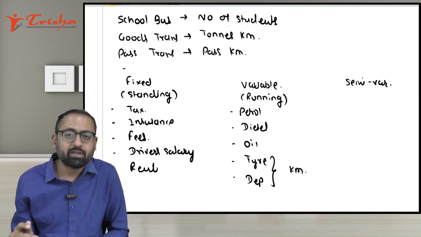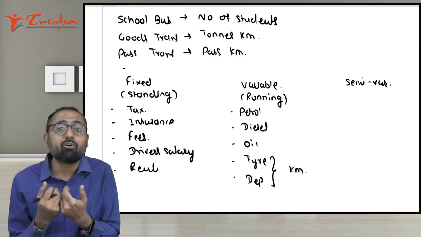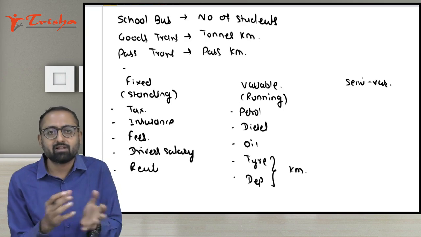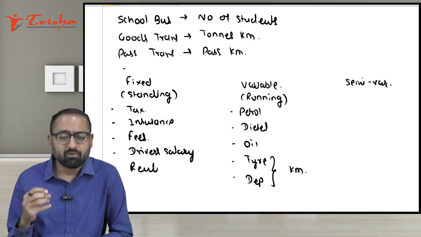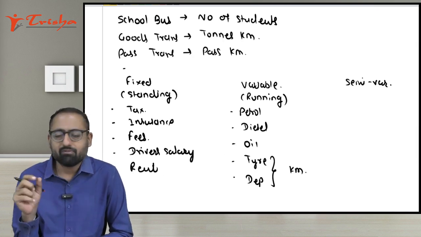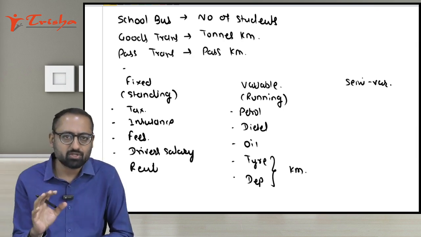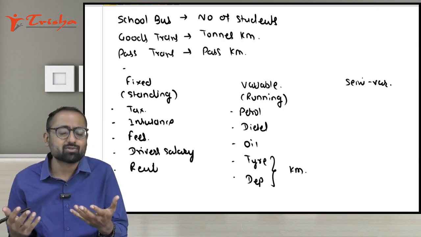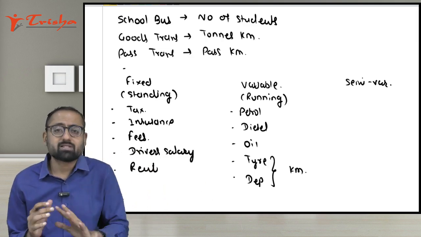Suppose the life of the vehicle is given not in years, but in number of kilometers that the vehicle can travel. And tire expenses will be considered in the variable part only if they have given, for example, life of the tire is 25,000 kilometers, or life of the tire is 50,000 kilometers. So every 25,000 or 50,000 kilometers you have to change the tire. So it will be covered in the running expenses, that is the variable expenses.